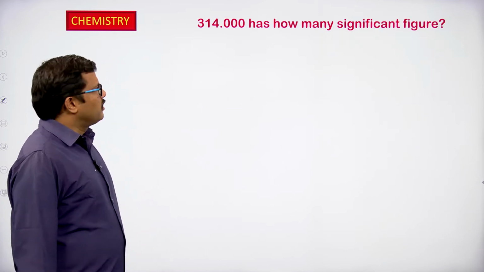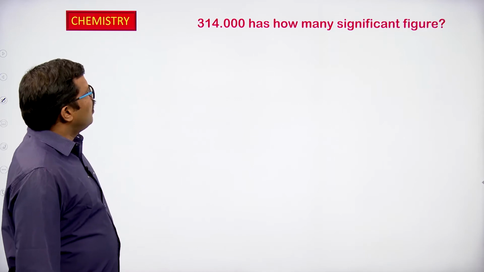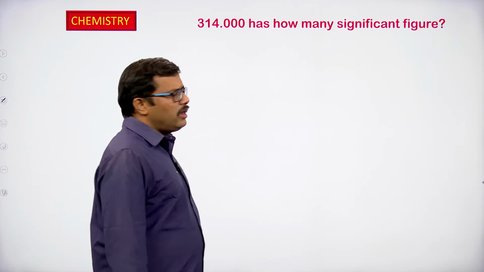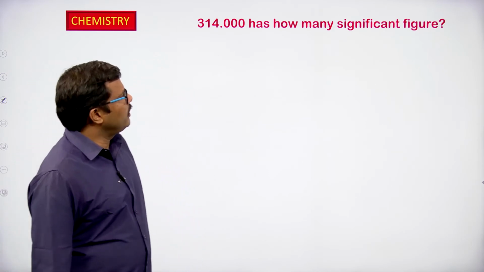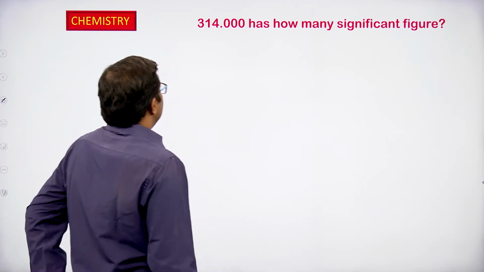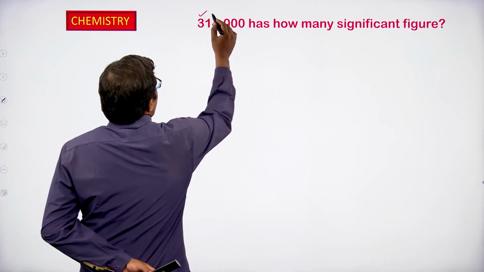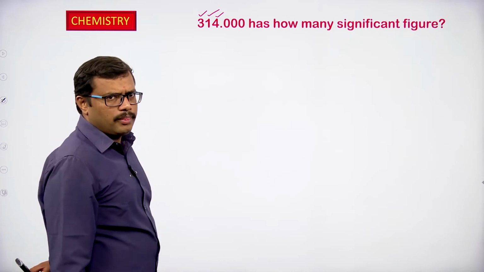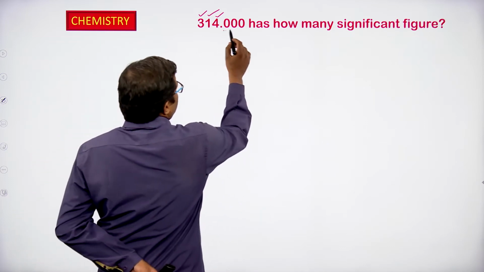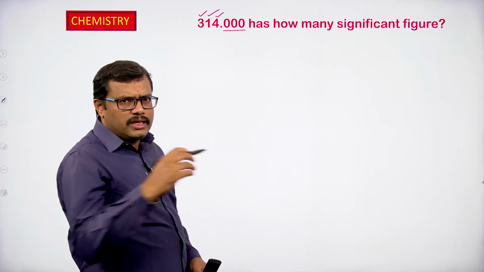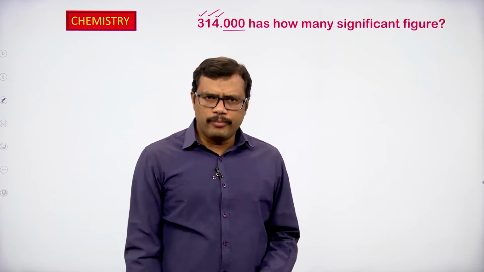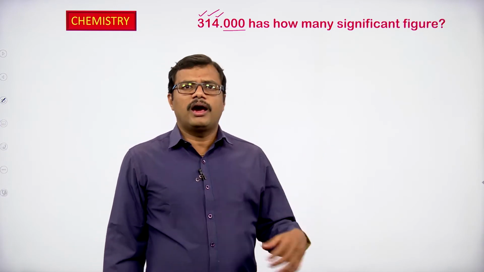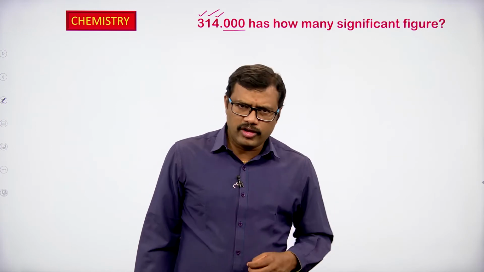They have given a number, 314.000. How many significant figures does it have? Here, 3 is a significant figure, 1 is also a significant figure and 4 is also a significant figure. Moreover, whenever zeros are present at the end, to the right of a number, and they are present after the decimal point, they are to be considered as significant figures.